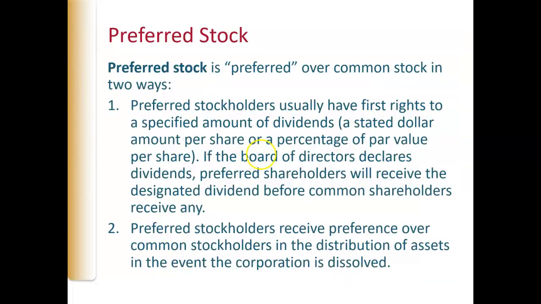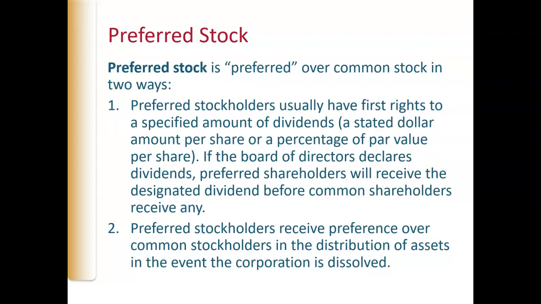Now, there is another type of stock called preferred stock. We don't hear of it a lot. Not all companies have preferred stock, but it's called preferred stock because it's, quote, preferred over common stock in two facets. Preferred stockholders usually have the first rights to specified dividends.